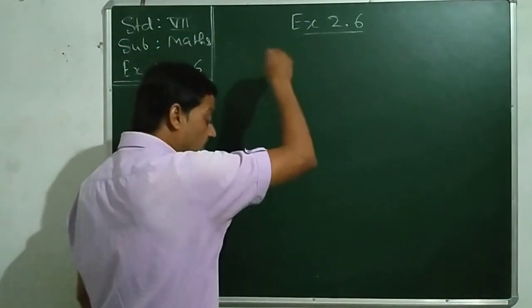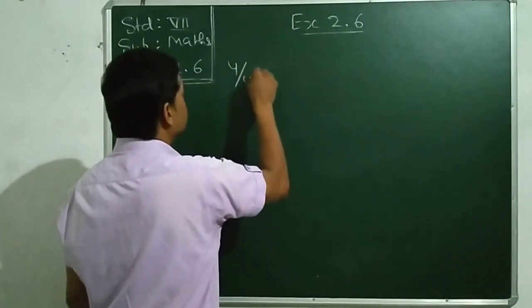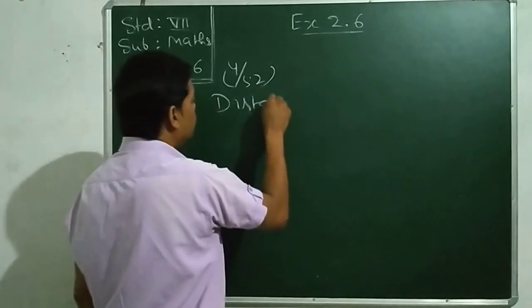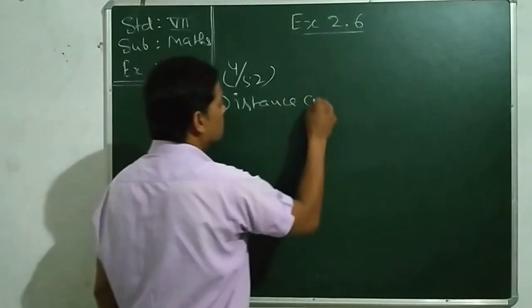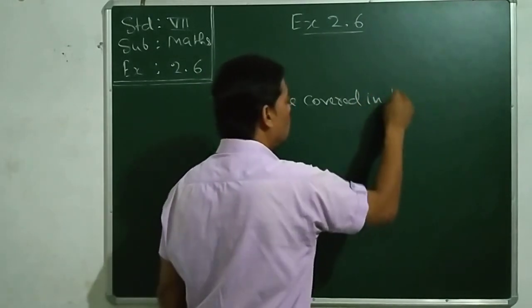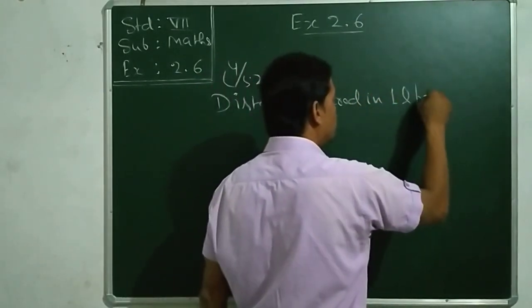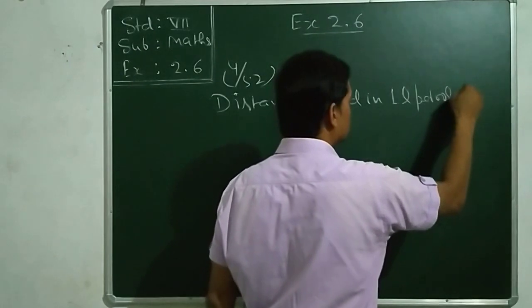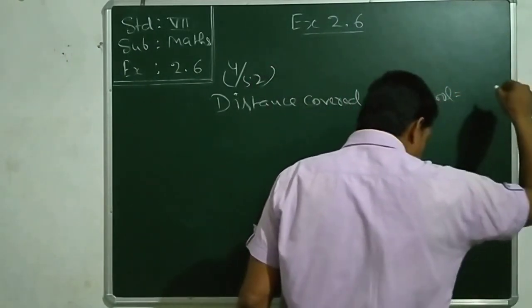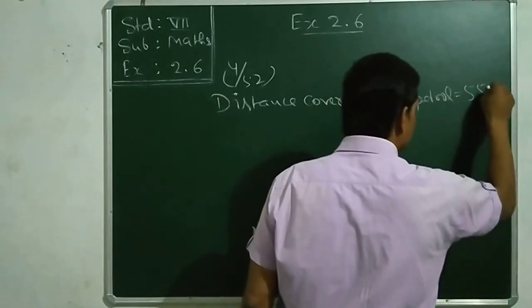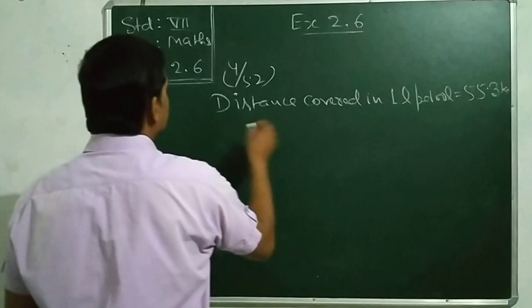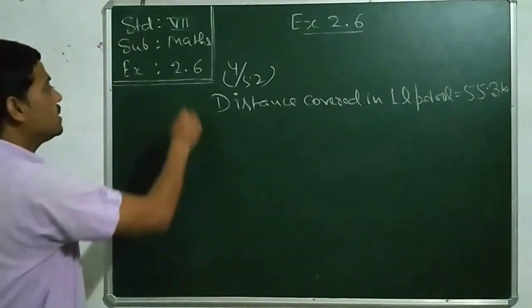So we will write: distance covered in 1 liter of petrol is 55.3 kilometers.